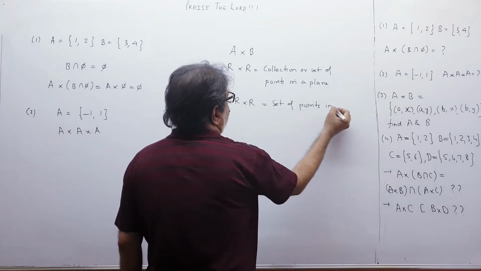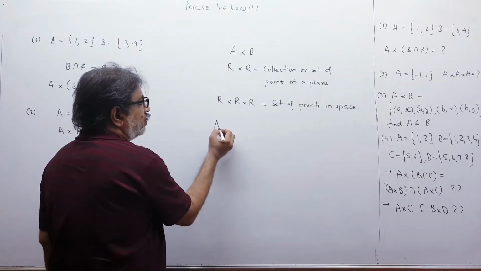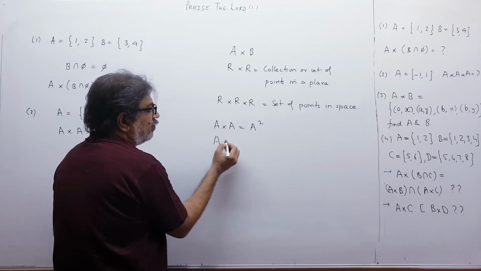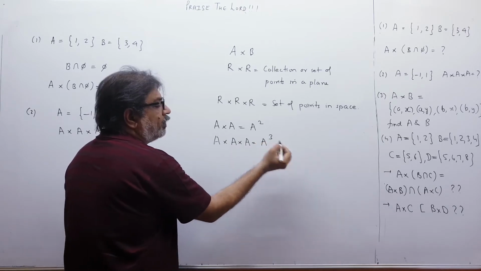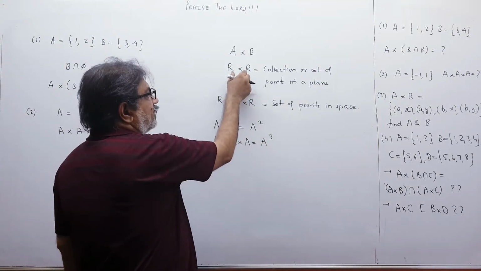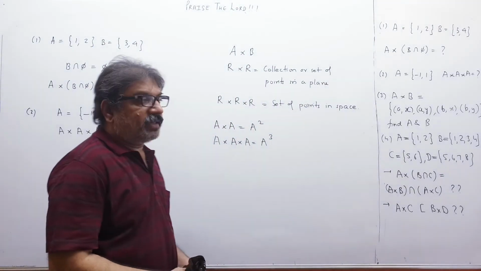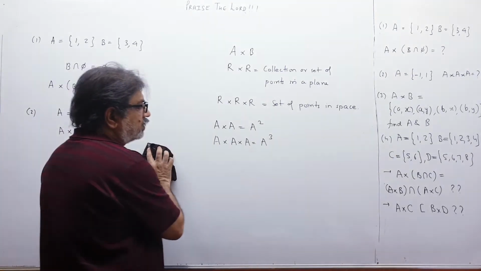Set of points in space. Please understand, children. A cross A is written as A square sometimes. A cross A cross A will be written as A cube and so on. So this is R cube and this is R square. Means it is R cross R, R cross R cross R. Like this you have to think. Please pause and copy, children, these points. Okay.